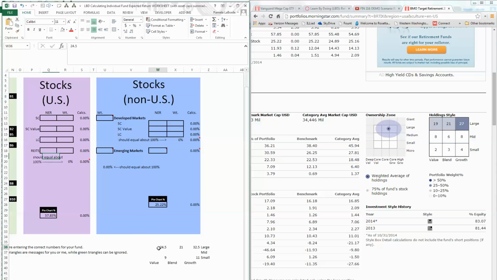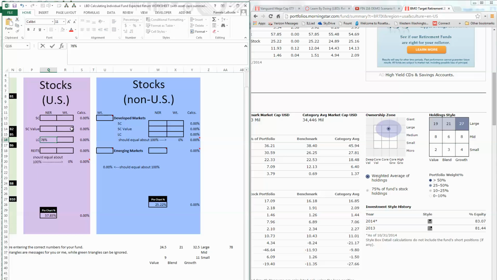So I'm just going to sum all of these, and I could do that in my head, but I can get Excel to do it for me, so that's what I'm going to do. I'm just going to say take this number plus this number plus this number. That's 78. So that's my large cap percentage.